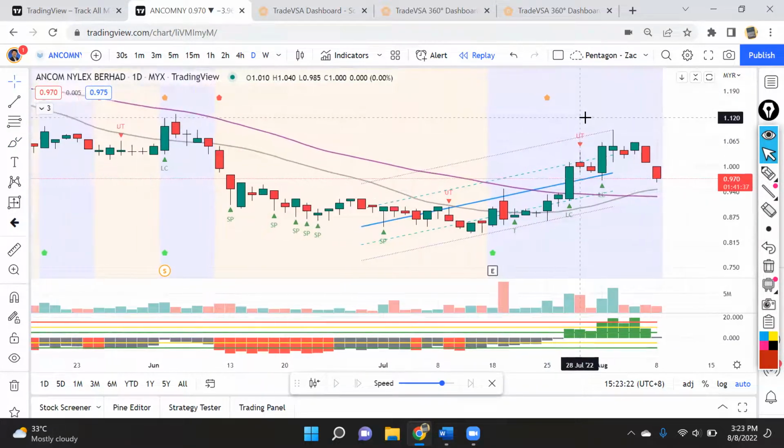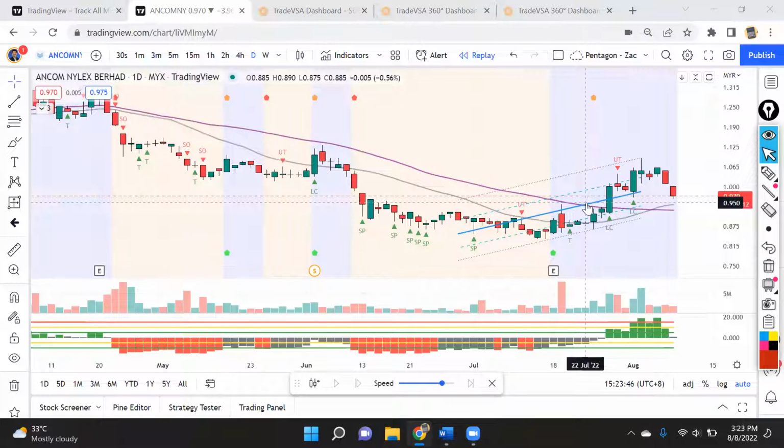What are the few things that you can notice from the NCOM chart? Or maybe can you share with me where is the next support we should look into for NCOM if you want to trade this counter? Where is the next support to look into?